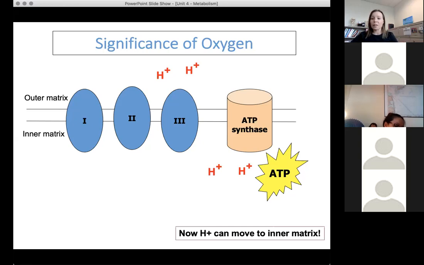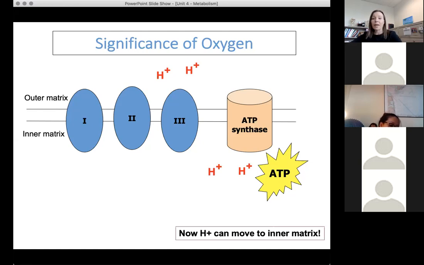And then your end products are, I mean, the main thing is ATP, 30 or 32 ATP, plus carbon dioxide and water. And remember that water is coming from when you add the hydrogen ions to the oxygen at the end of the electron transport chain, you make water. So those are your end products of cellular respiration.